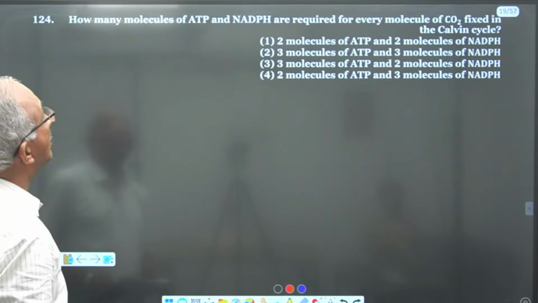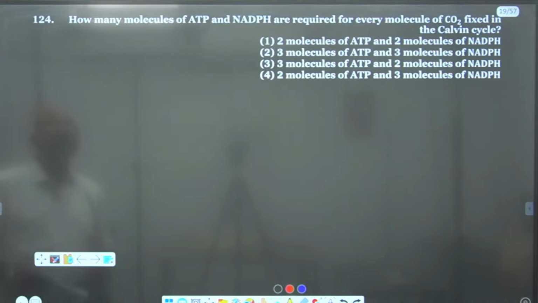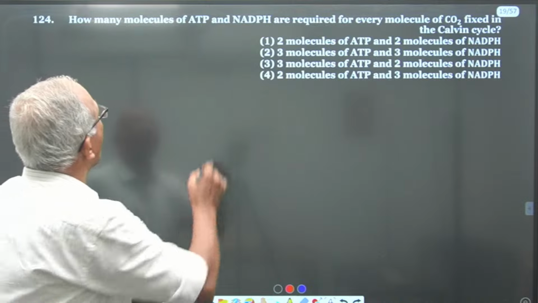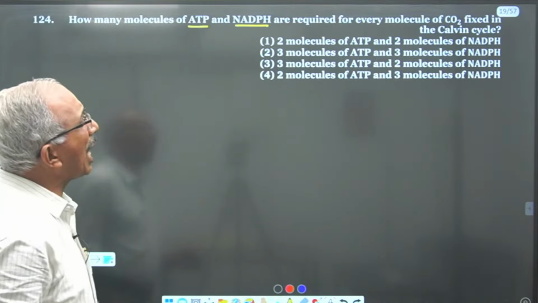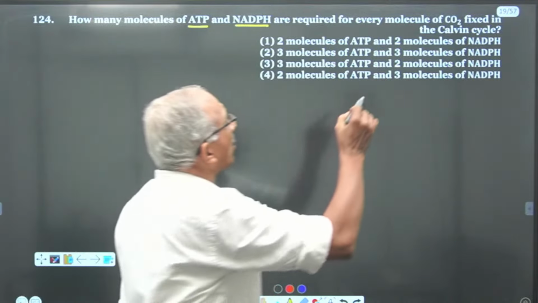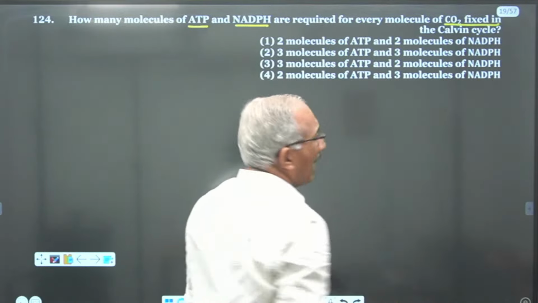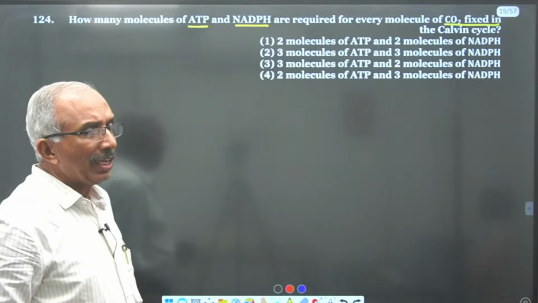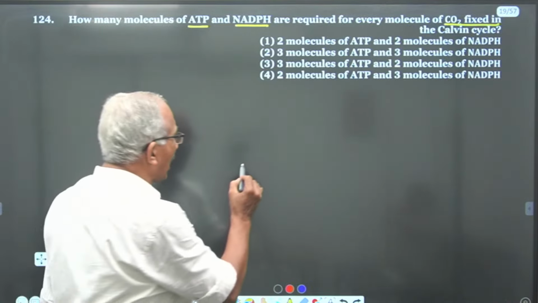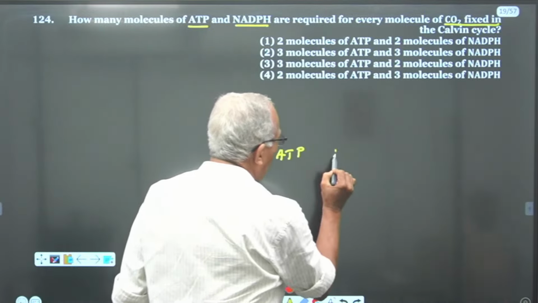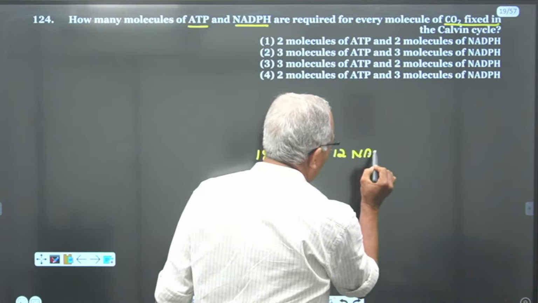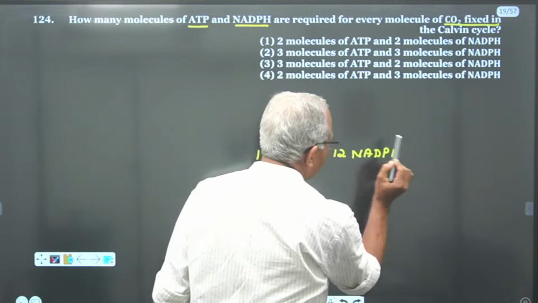Next, how many ATP and NADPH are required for every molecule of carbon dioxide in Calvin cycle? That is, Calvin cycle requires 18 ATP and 12 NADPH.